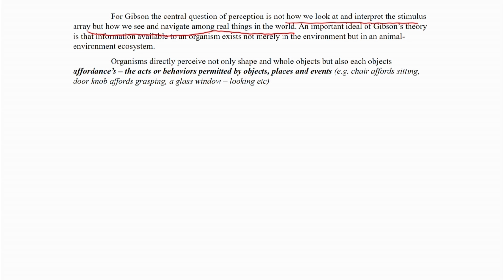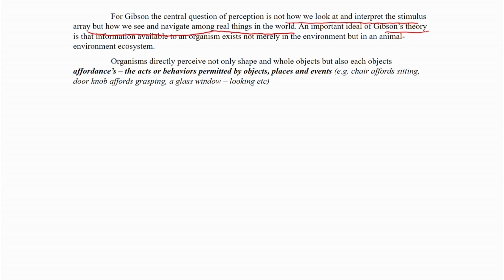What is really important is that an object is there and how we navigate through it. Navigation in the environment is more important than understanding what the percept really means. So, the basic idea of the Gibsonian view is to understand how to navigate the environment rather than knowing what the environment has.